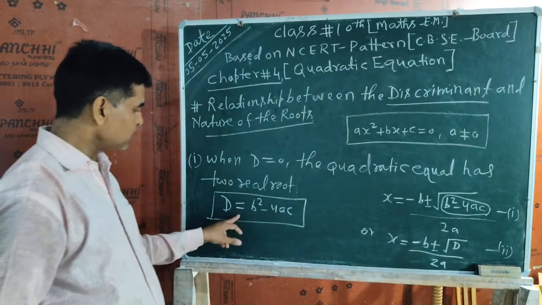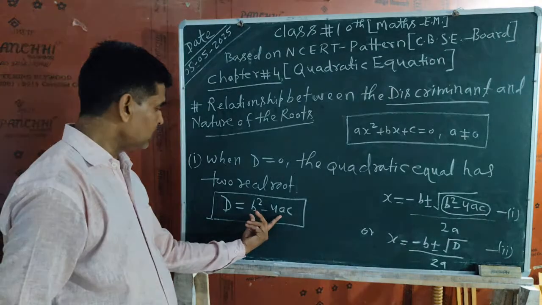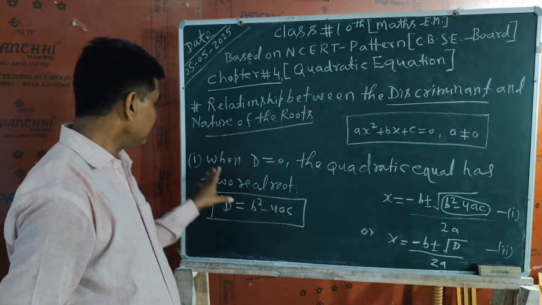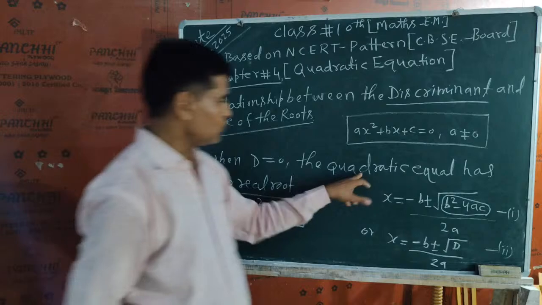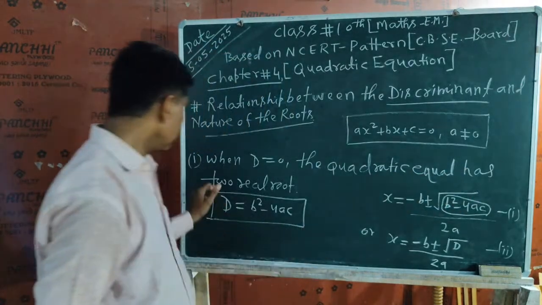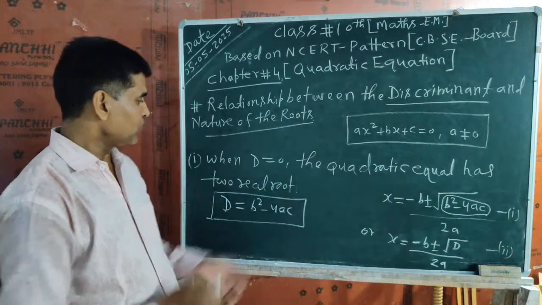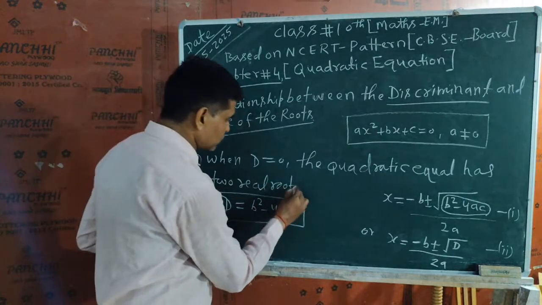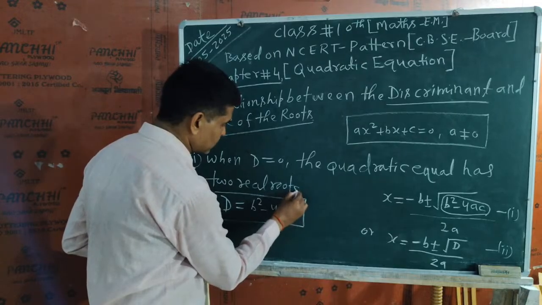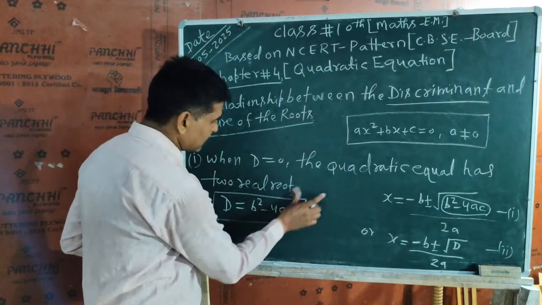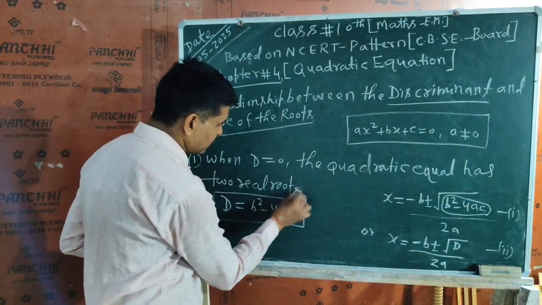If I calculate its value and this value is greater than 0, in this case I will say that the quadratic equation has two real roots. Okay, students. So each and every student has to remember clearly, the value of D is also known as discriminant. If the value of D is greater than 0, in this case I will say that the quadratic equation has two real roots.